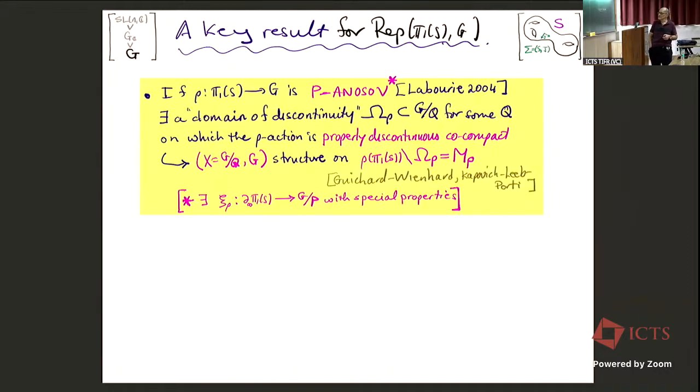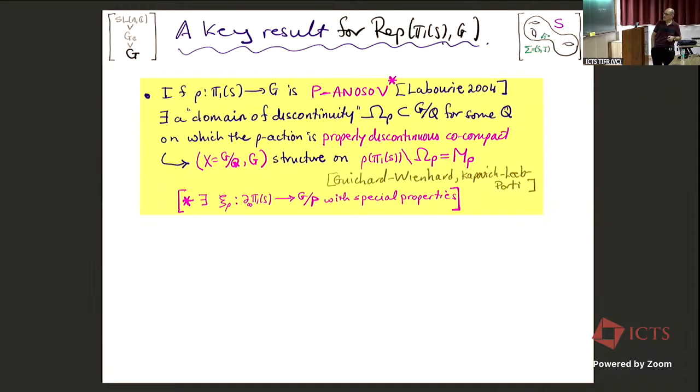So this is a very general statement, but you identify a domain on which the group G acts properly discontinuously and in fact co-compactly. So this pair, the homogeneous space and the group, defines a geometry in our sense.